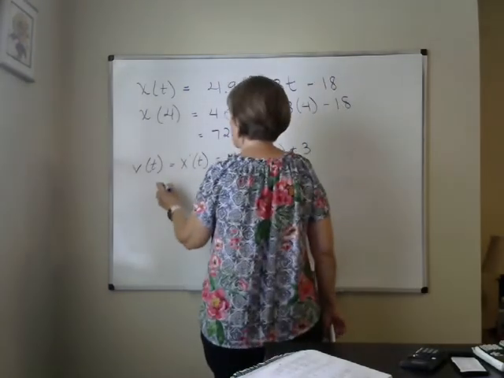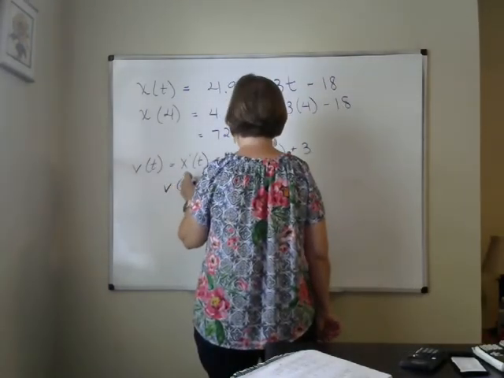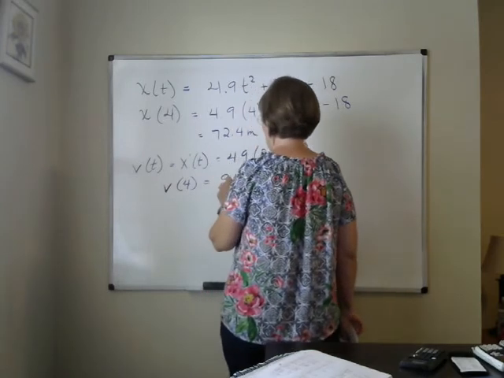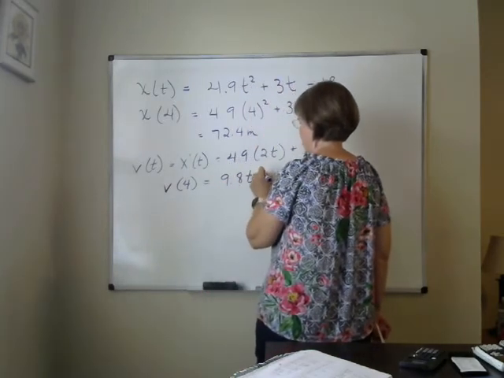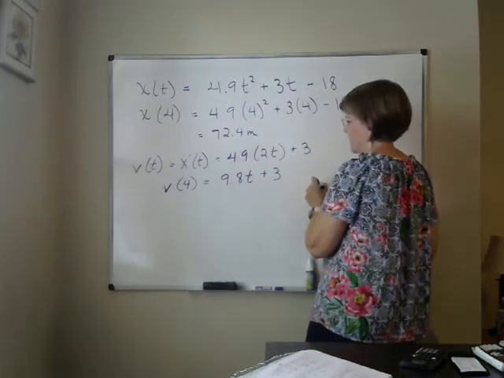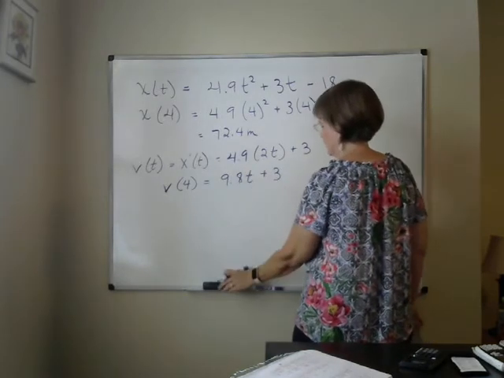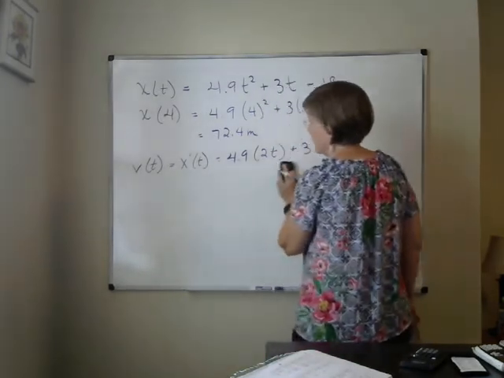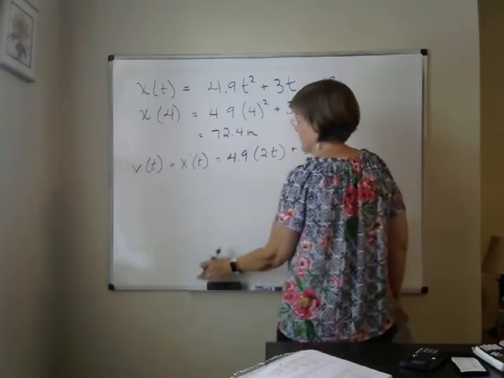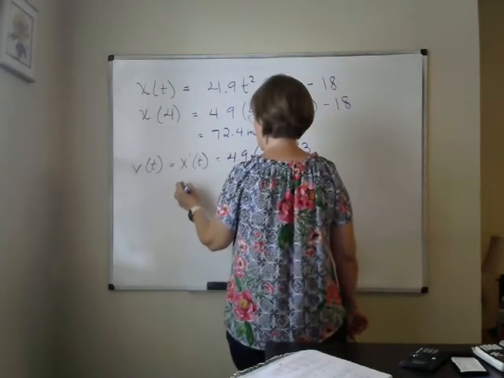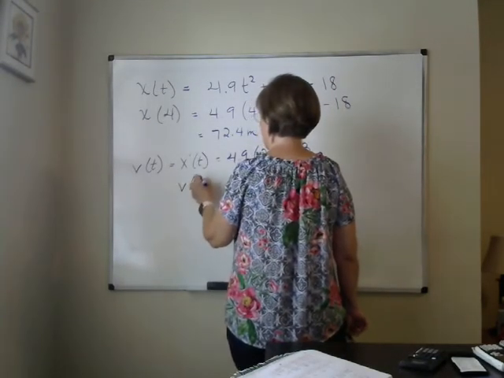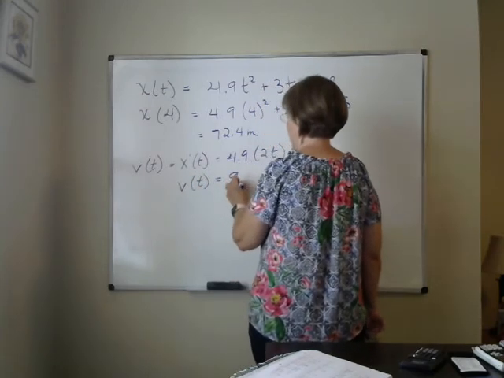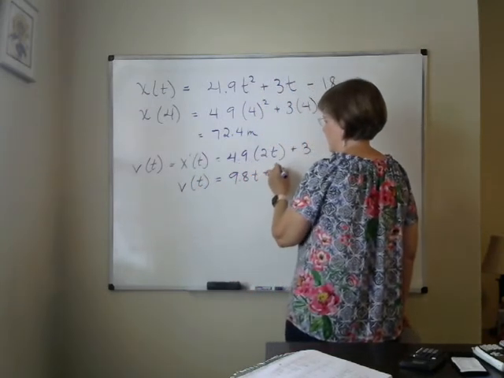So the velocity function is 9.8t plus 3.